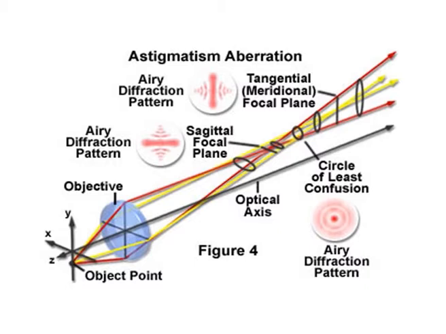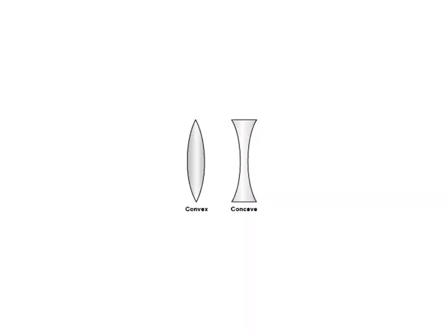This is a real problem because light rays passing through the lens in different planes get focused at different points. This occurs when the subject is much off the axis or when the inclination of light is much higher. To remove this, we block the rays coming from higher inclination so they are cut off, or we use an appropriate combination of convex and concave lenses.